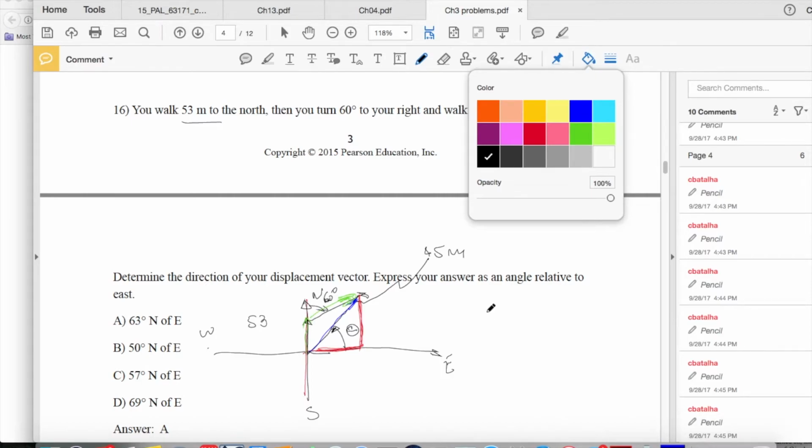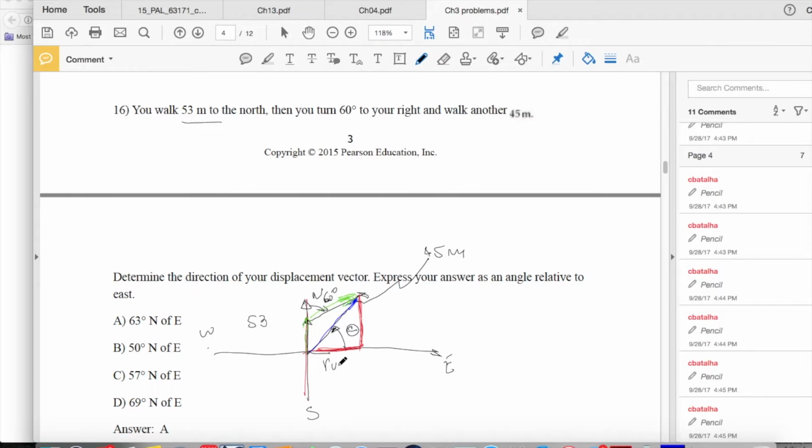So let's find out what is the run and what is the rise. So the run is equal to 45 cosine of 30.